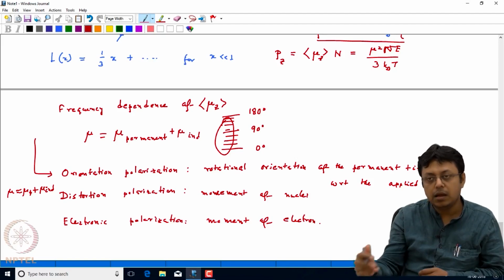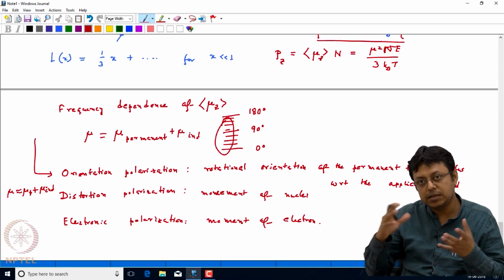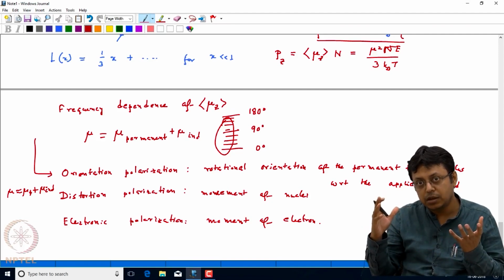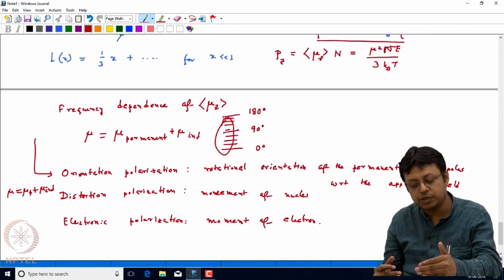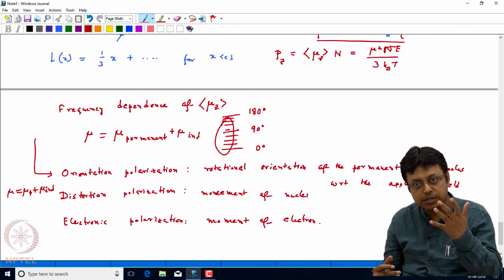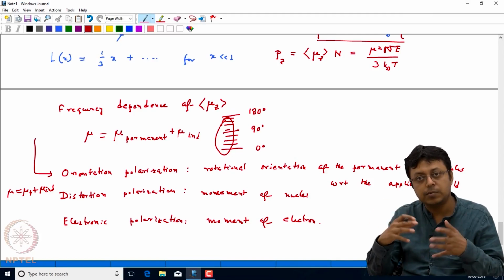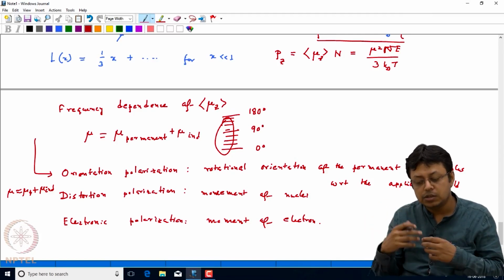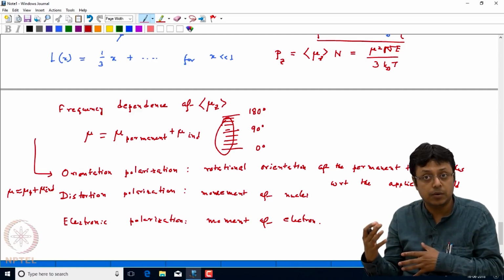So if my oscillating field is a DC field or is doing a slow motion, much slower than the orientational dipole, then I'll see contributions from all the effects, all the motions. It will have an orientation polarization, the bonds will be stretched or compressed from the equilibrium position, so that will give me the distortion polarization component, as well as an electronic polarization.